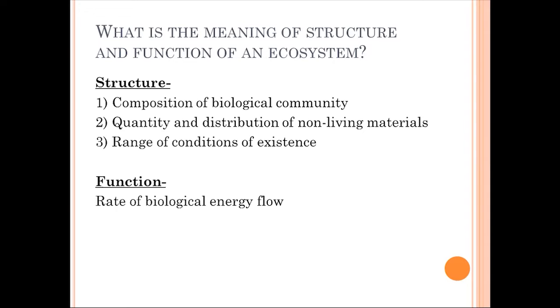That is, from the surface of the ground to a certain depth, what is the amount that is present. Then, if it is a given region, in what areas they are concentrated. So, that is quantity and distribution of non-living materials.